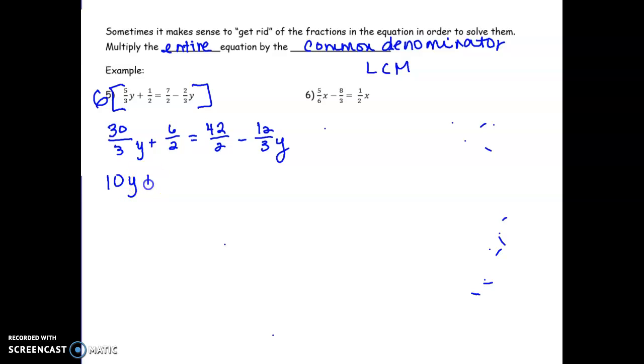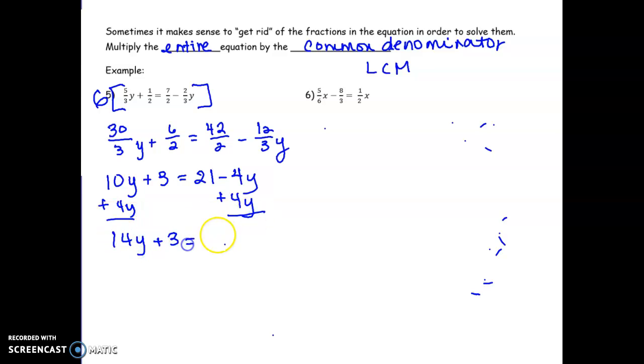That would become 10y plus 3 is equal to 21 minus 4y. Now I just bring my y to the other side, move the variable. So we'll get 14y plus 3 is equal to 21. Now I'll subtract my 3 from both sides, and I end up with 14y is equal to 18.